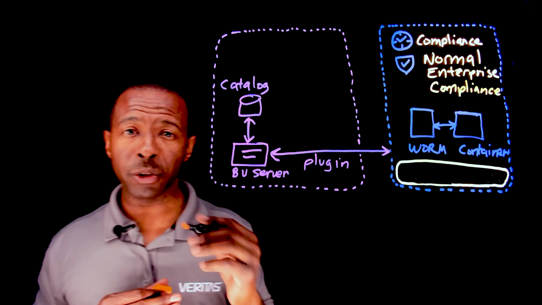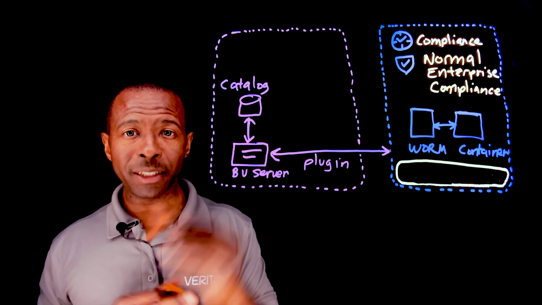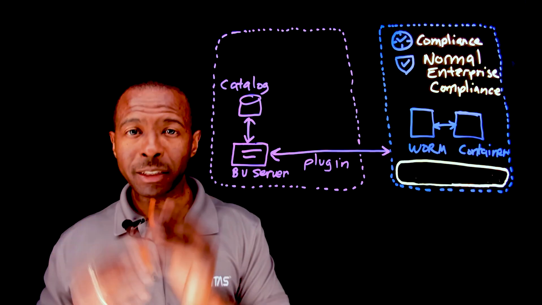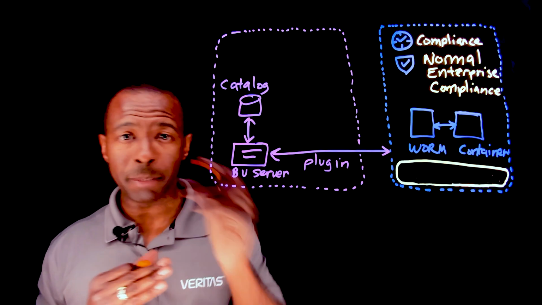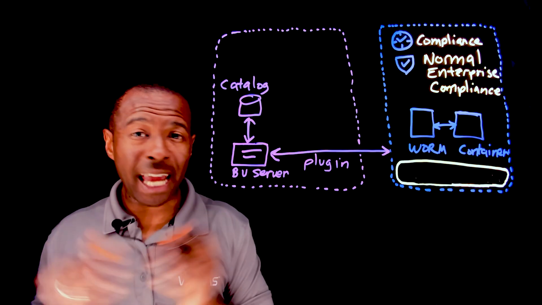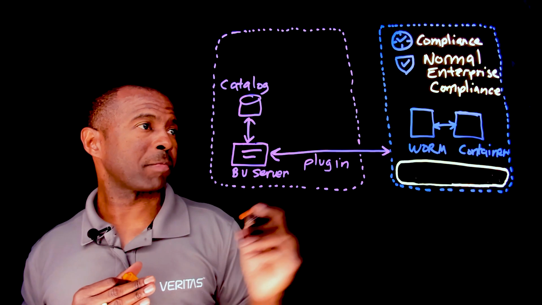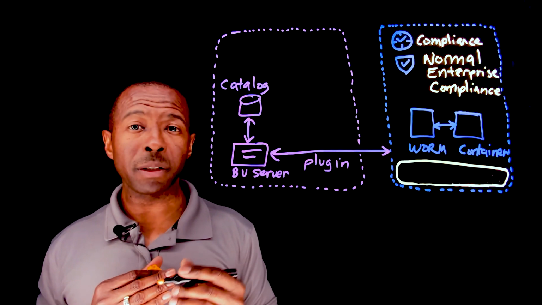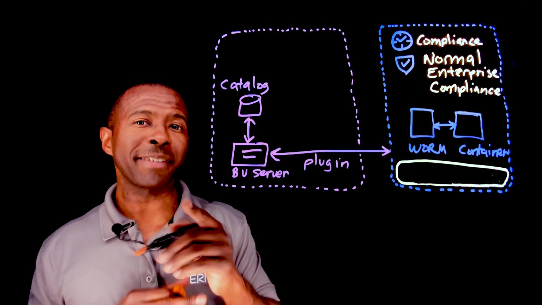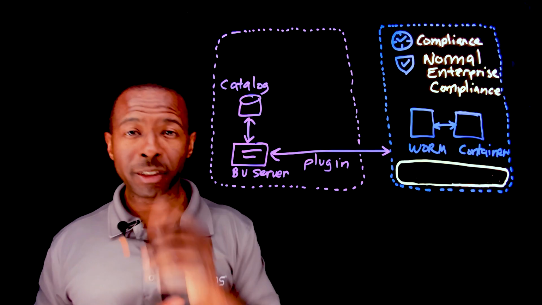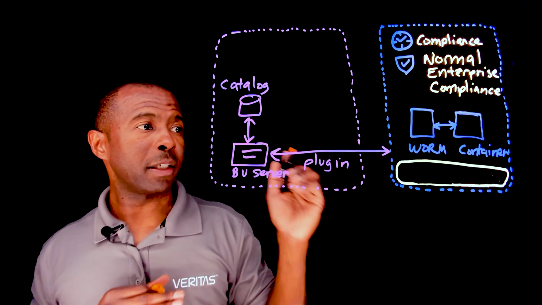Enterprise mode is going to prevent you from shortening or decreasing the retention time, because once that retention is set, you need that retention to stay as it is, and you can't modify it. So a bad actor can't change it, they can't delete it, they can't decrease it. And compliance mode is going to completely lock it down, where you can't even shorten it, but you can extend it. And it's once again going to prevent bad actors from being able to destroy that data.